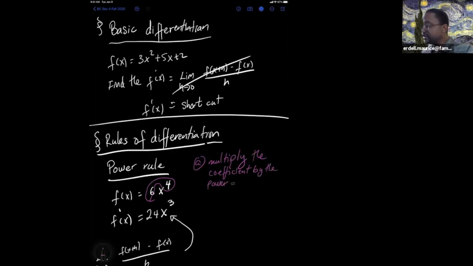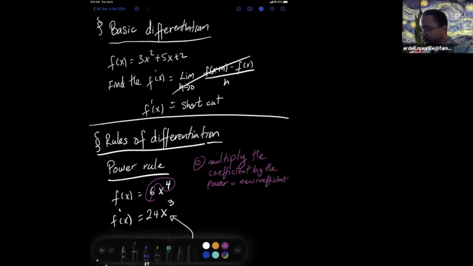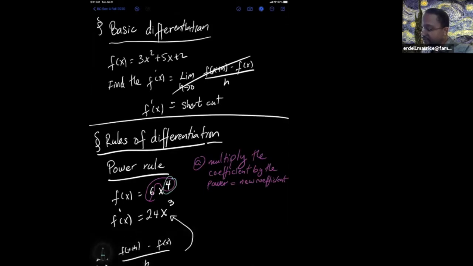This will result in the new coefficient. And then the next step is to simply subtract 1 from the power right here. Step B, subtract 1. We often say we lower the power by 1, or the power gets reduced by 1.